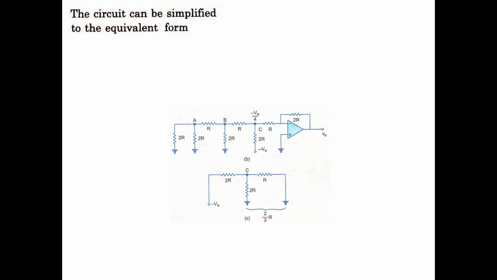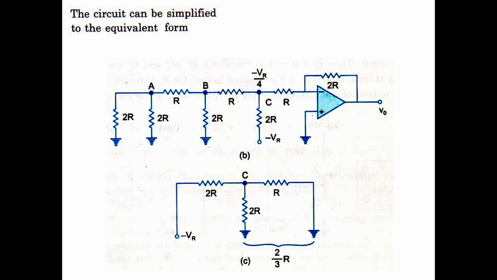The circuit can be simplified to the equivalent form. Here you can further simplify this. This 2R and 2R in parallel, so the equivalent will be R. So that R and this R in series give 2R.